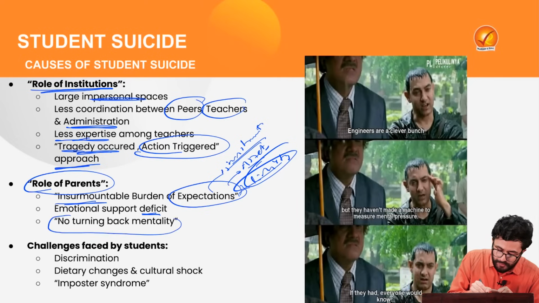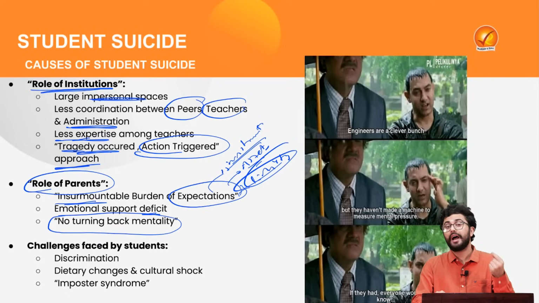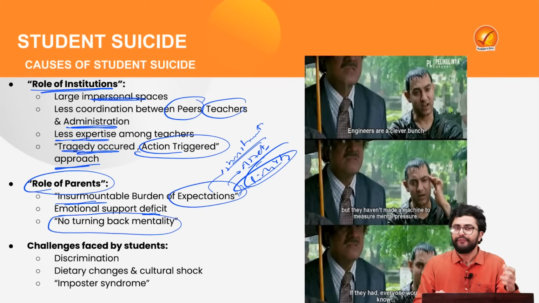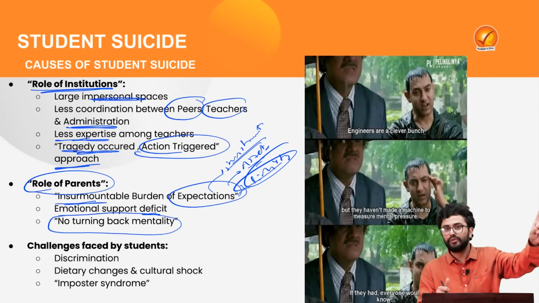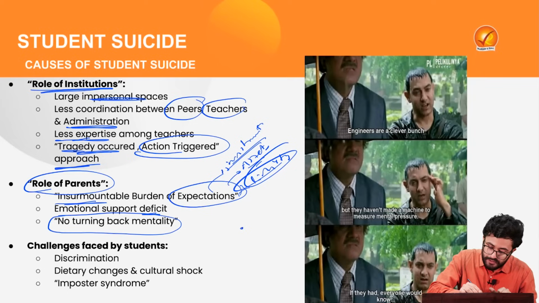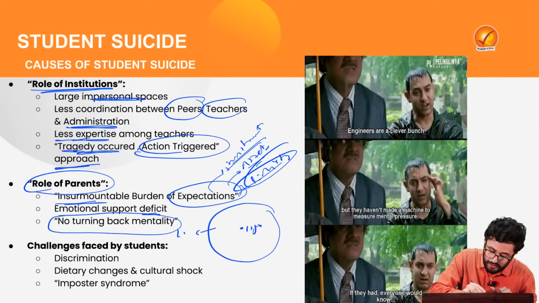Also, over a period of time, the students start developing a no-turning-back mentality, where because of the constant societal pressure put on them to get the rank, to get on those posters, they start thinking that this examination is actually bigger than their life itself.